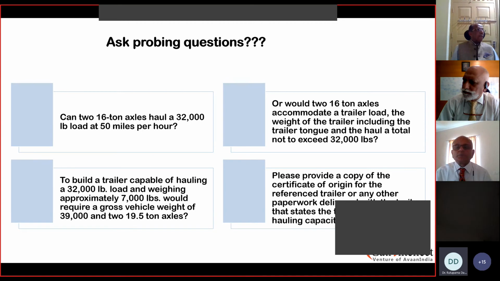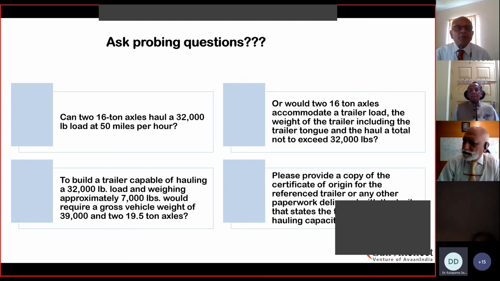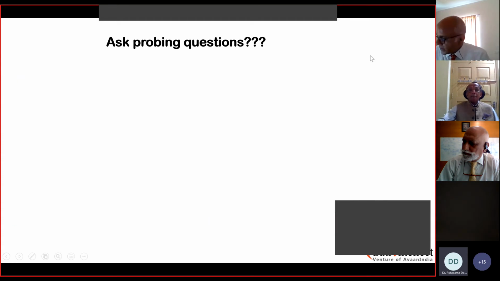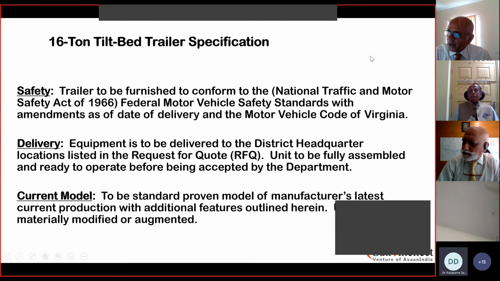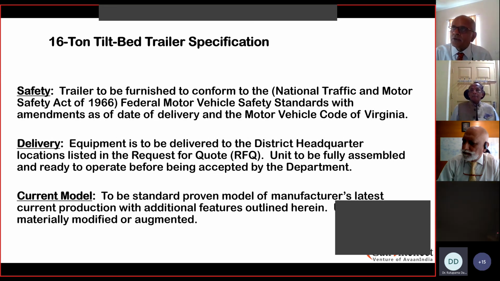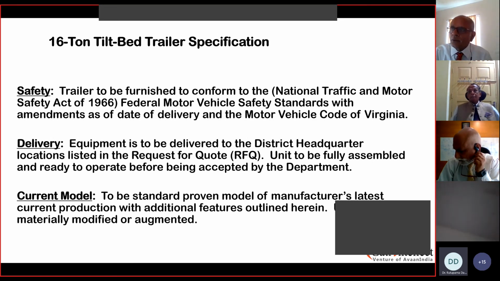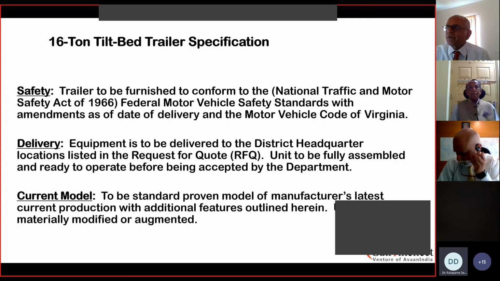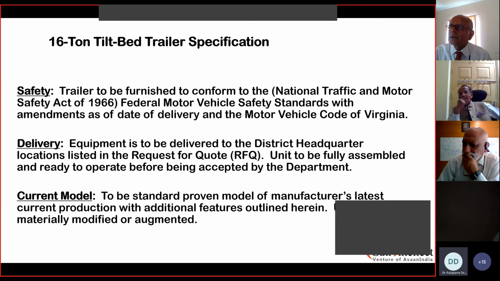Ask probing questions? I just had one more follow-up question, which if I could ask Captain Yogesh, going over the previous example itself, where it was a 16-ton flatbed trailer, and the second piece of information that came was the load was 33,000 pounds. So roughly equivalent to again 15 or 16 tons itself.